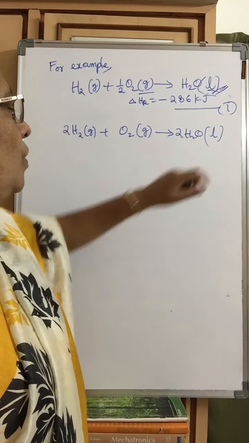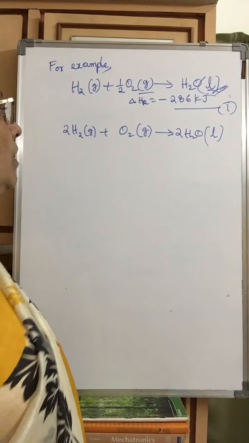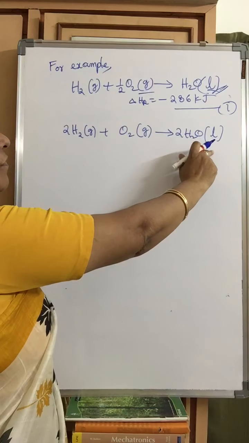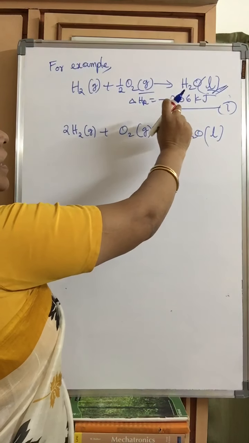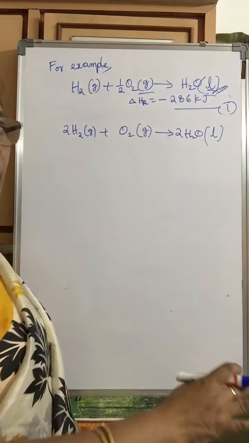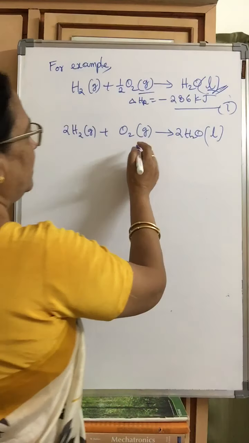So 2H2O is coming. When we multiply with a stoichiometric coefficient, we need to multiply delta HR also with the same coefficient. That is the important point.